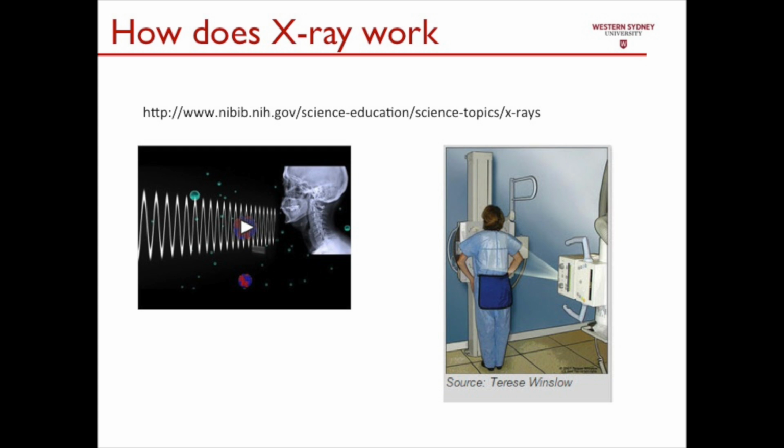For example, structures such as bone contain calcium. This has a higher atomic number than most tissues. Because of this property, the bones will readily absorb X-rays and thus produce a very high contrast on the X-ray detector.